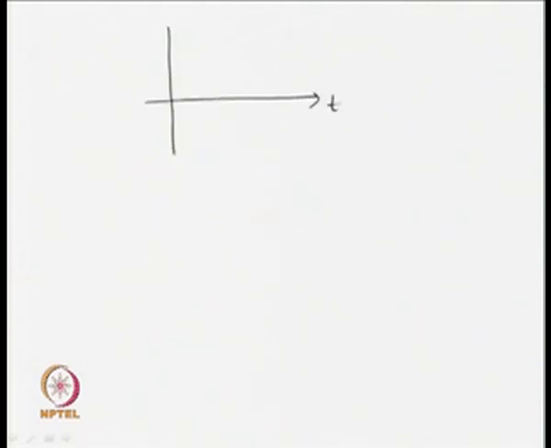Let us consider half period of the output signal, where the output signal will be of this form. This is the time axis. So, time p u by 2, because we are considering the half period, and then the input to the system will be of the form where this is h and this one is minus h.